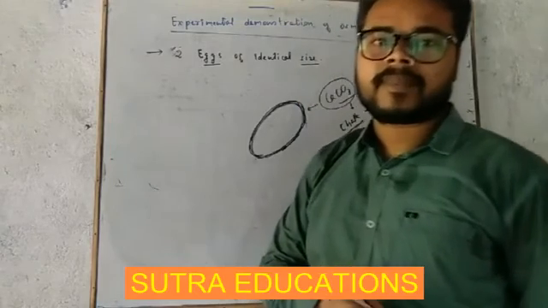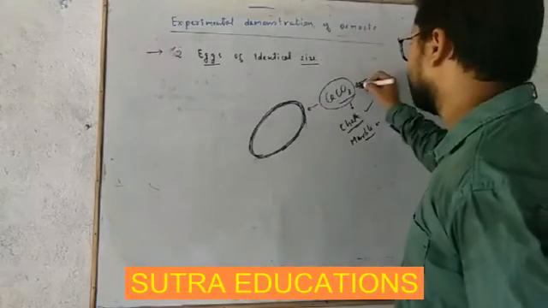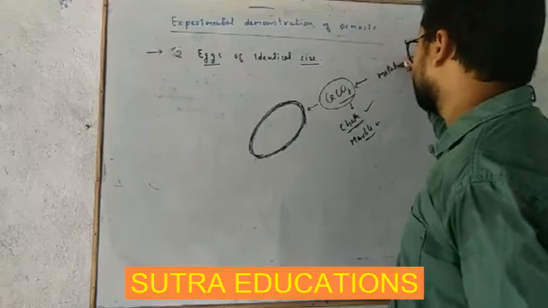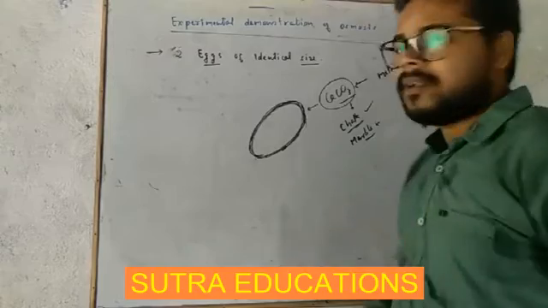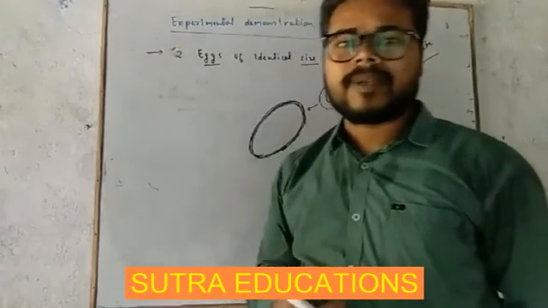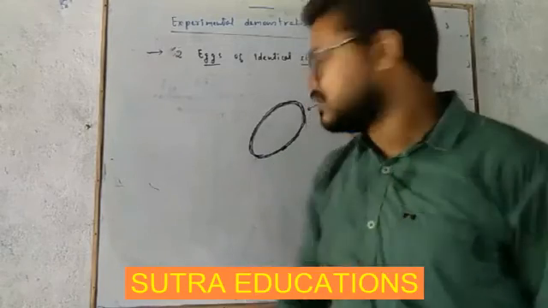Calcium carbonate means what? Calcium is a metal. It is metal carbonate. And there is a property of acid that acid reacts with metal carbonate.